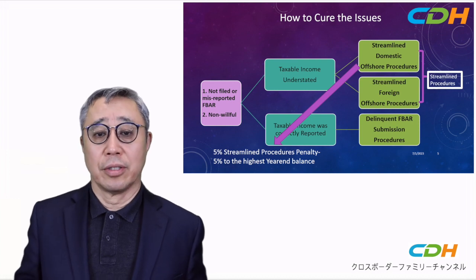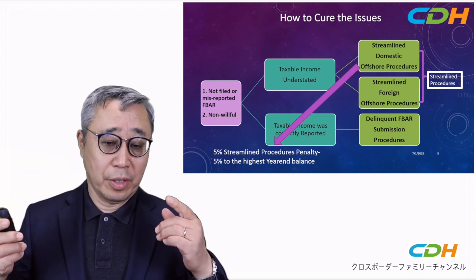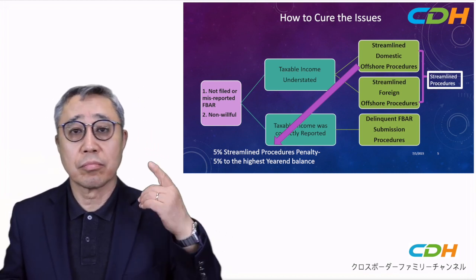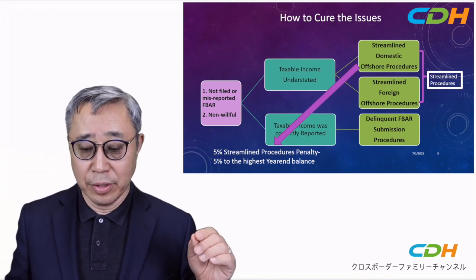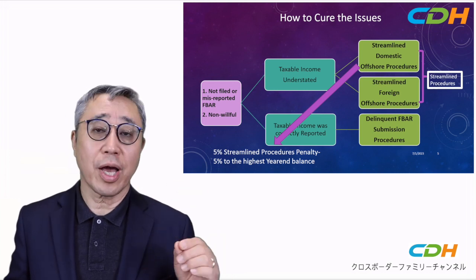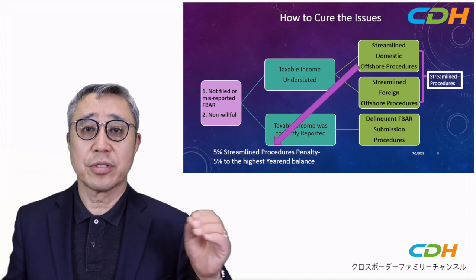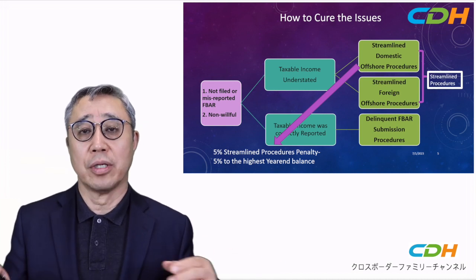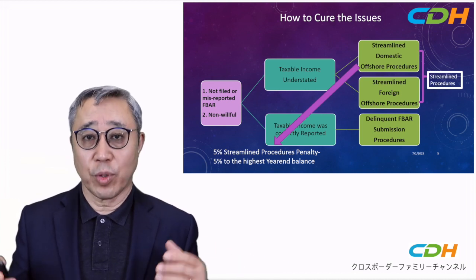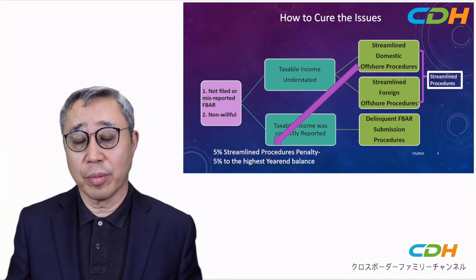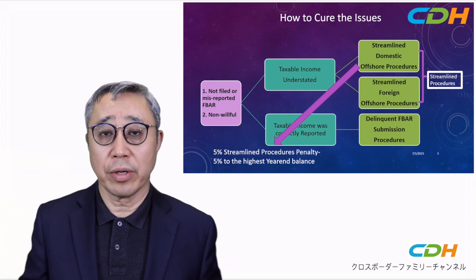Anyway, as a final comment, I'd like to add that once you find you have issues, I think you should act quickly. Don't sit on it for too long. Contact professional firms like us and try to get started on curing your prior issues.